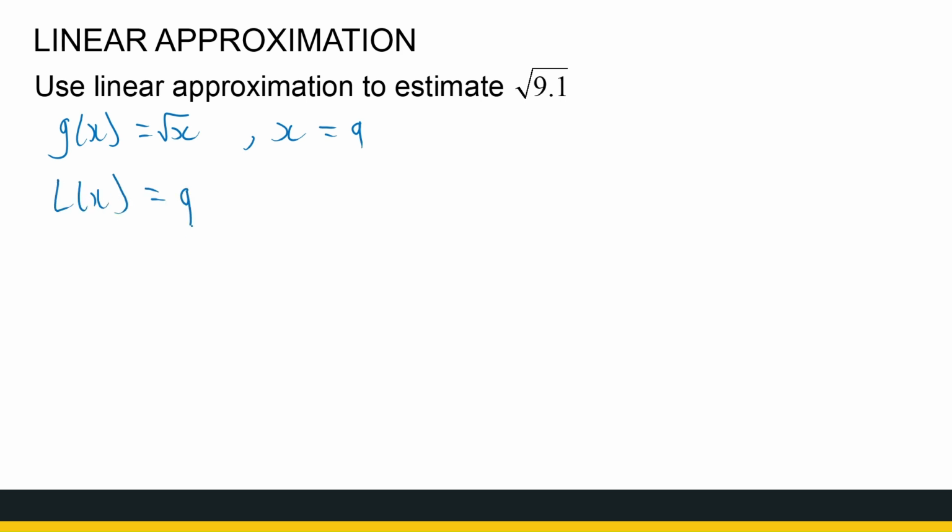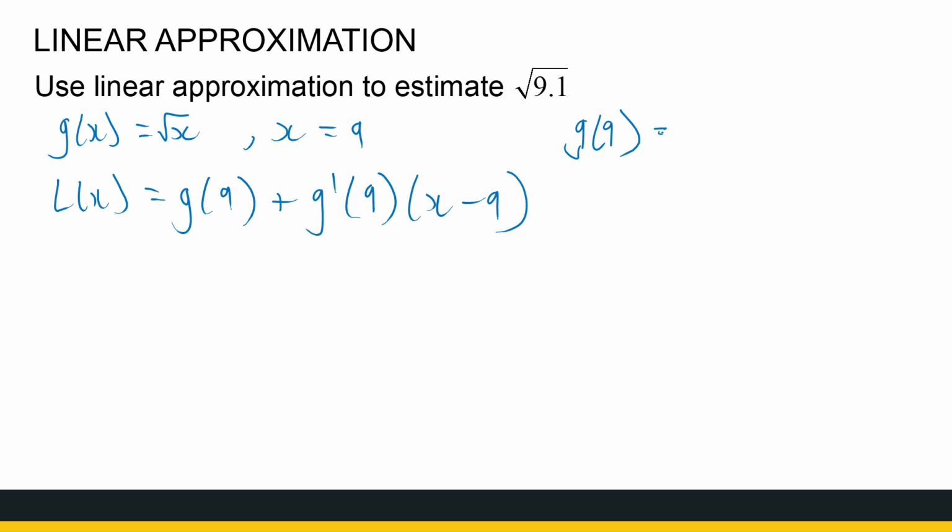That's g at the point 9 plus g's derivative at the point 9 times x minus 9. Let's say g at the point 9, the square root of 9, is 3. The derivative is 1 over 2 root x. So the derivative at the point 9 is 1 over 2 root 9, so it's 1 over 6.